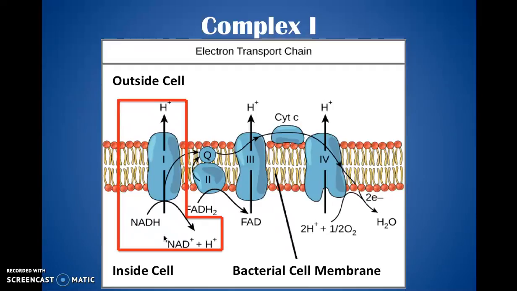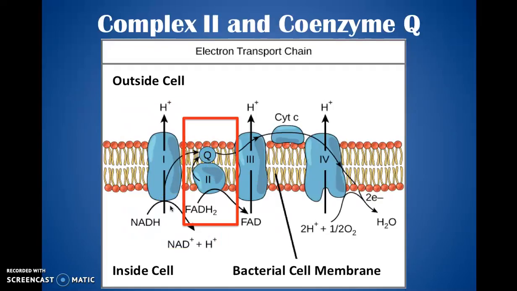It's going to donate its electrons here, and it'll be converted back to NAD+. And once it does this, complex 1 is going to pump its protons out of the cell membrane into this area. And complex 1 will then donate that electron to coenzyme Q.